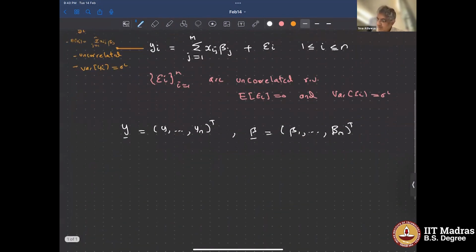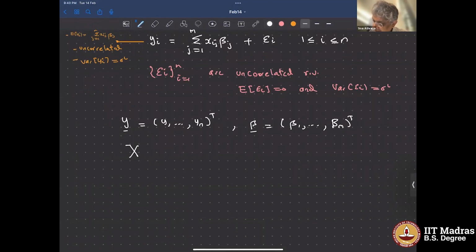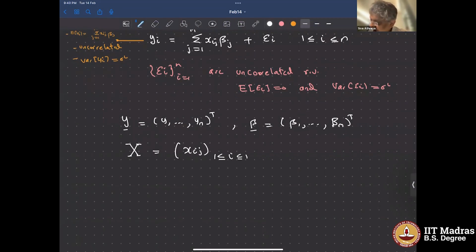And I would think of my entire matrix x as just a bunch of x_ij's, for 1 less than or equal to i less than or equal to n, and 1 less than or equal to j less than or equal to m. And I would think of my vector of random variables epsilon as a column vector, epsilon 1 up to epsilon n transpose.